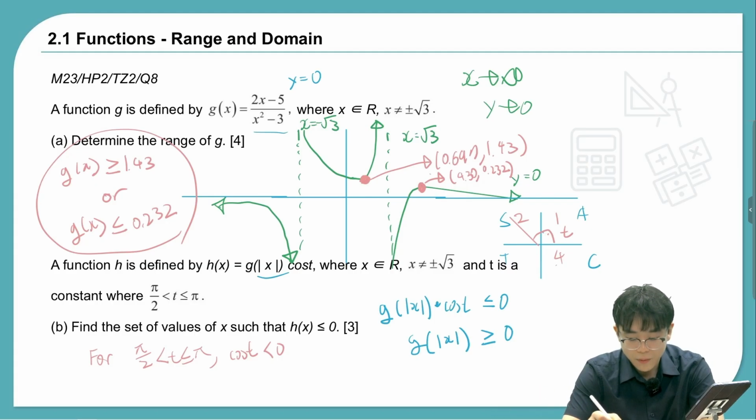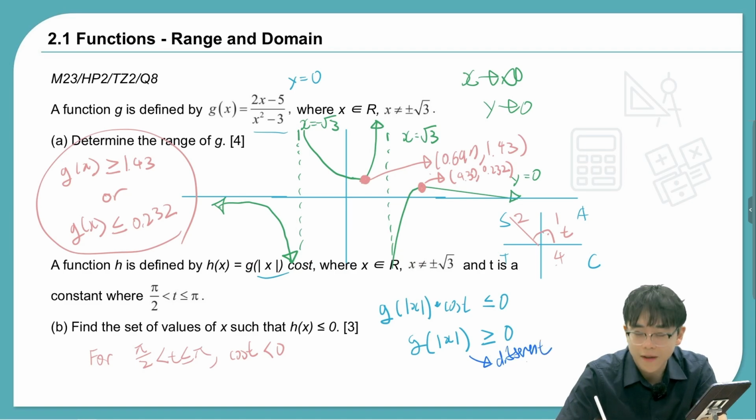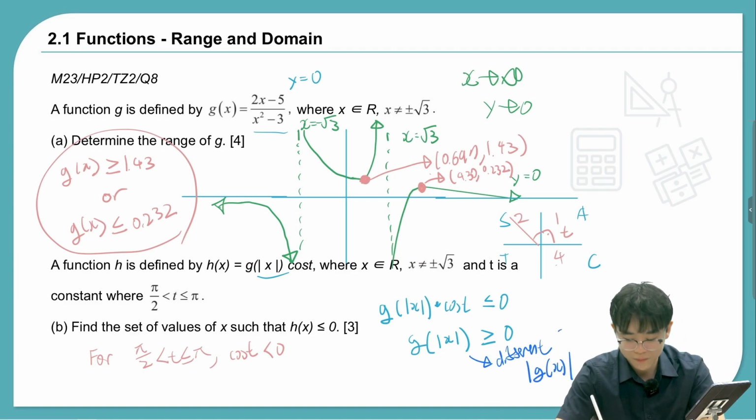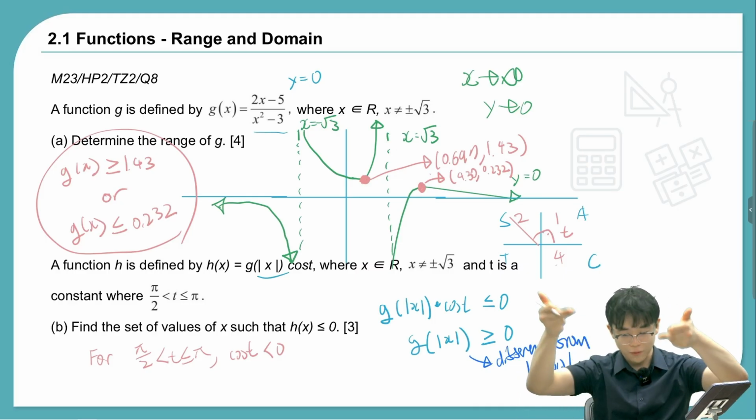Okay, now let's think about what g of absolute value of x is. If you think g of absolute value of x is simply flipping this one to the positive side, that's incorrect, because this is different from having the entire function in absolute value. In that case, you would just take any part where the y is negative and reflect it.